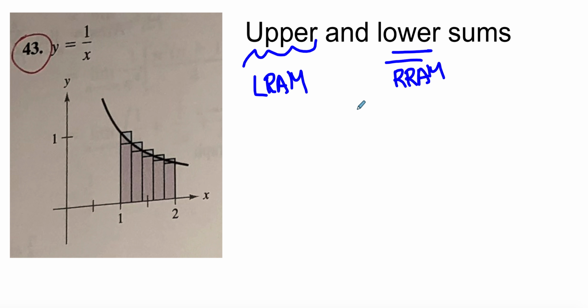So when you look at it, what do you realize? I know that the interval is 1 to 2, but it has been divided into 5 different pieces. So I know that each one I'm adding 0.2. So according to LRAM, I'm going to multiply by 0.2. That's my base, and then my height goes up to 1. Next one is 1 over 1.2 because I'm adding them.